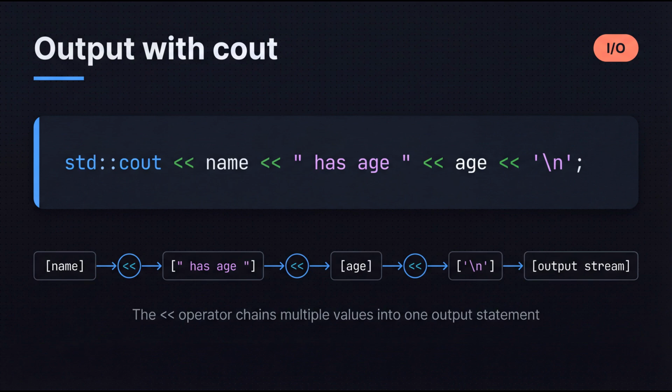Each shift left operator sends the next value to the output stream. The \n at the end adds a new line. You can chain as many values as you need: strings, numbers, variables, expressions. The compiler figures out how to print each type automatically. This is how most C++ programs produce output.